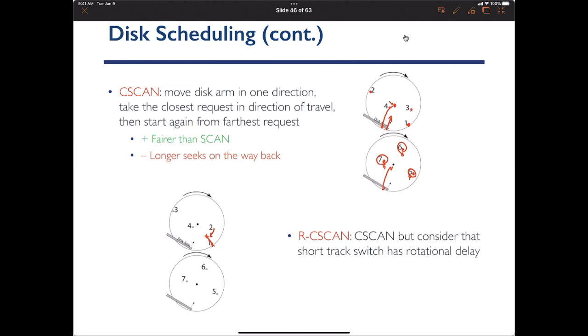And by this time, probably number 3 is here. Then we come back to this track, and by the time we reach back to that track, number 3 has reached us. So this long rotation, instead of us waiting for it, we just went down, did number 2, and then come back, and then do number 3.